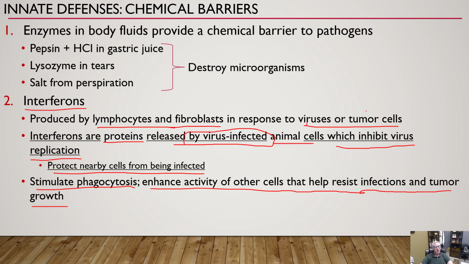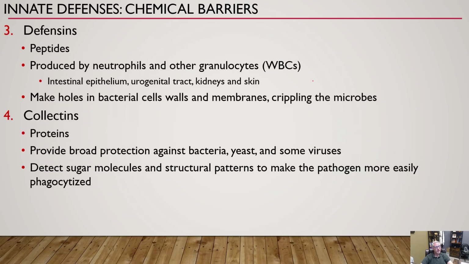Another thing for chemicals is defensins. And defensins are just peptides that are produced by neutrophils and other granulocytes. Remember, granulocytes are white blood cells. There's granulocytes and agranulocytes. We'll see these in the intestinal epithelium, the urogenital tract, kidneys, and the skin.